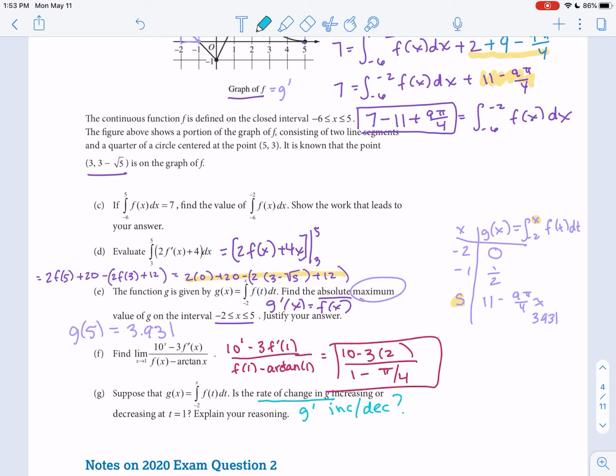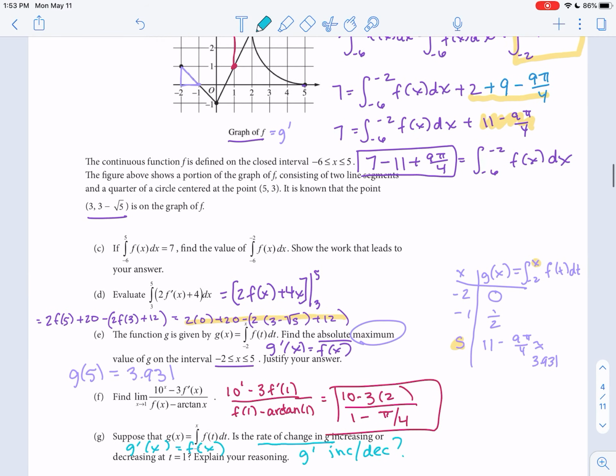Over here, remember we said that g prime of x is equal to f of x, correct? So we're asking, is f increasing or decreasing at t equals 1? Take a look at your picture. It's certainly increasing, right? It's going up at 1. Now, that is not a calculus justification, okay? We cannot say, look at this graph, it's going up. We have to talk about some kind of derivative. So f is increasing there since its slope, or its derivative, is positive.